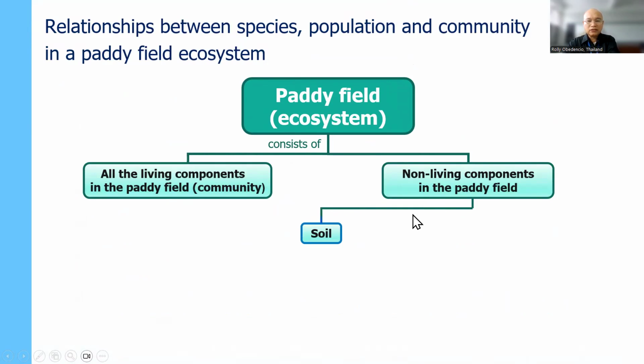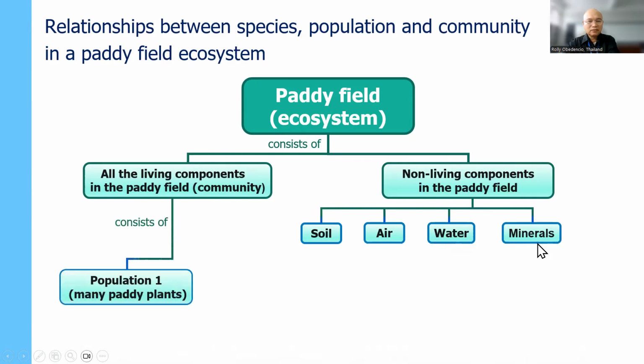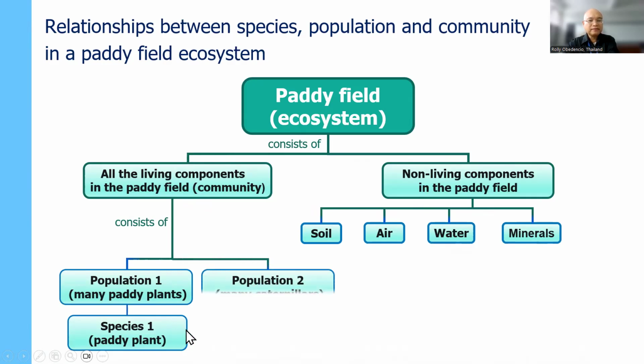Under this are the soil, air, water, and minerals. Under all the living components in the paddy field, or community, it consists of population one. It means many paddy plants, which consist of species one, the paddy plant.